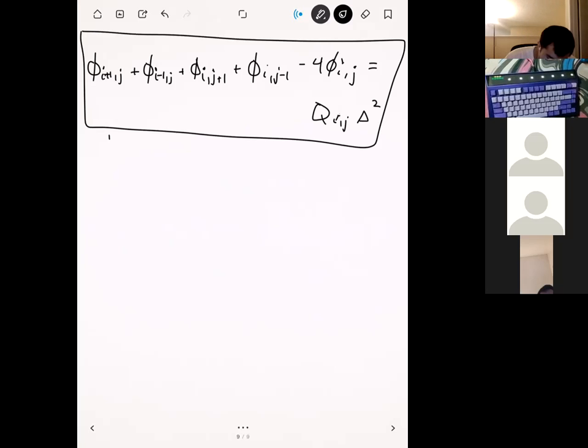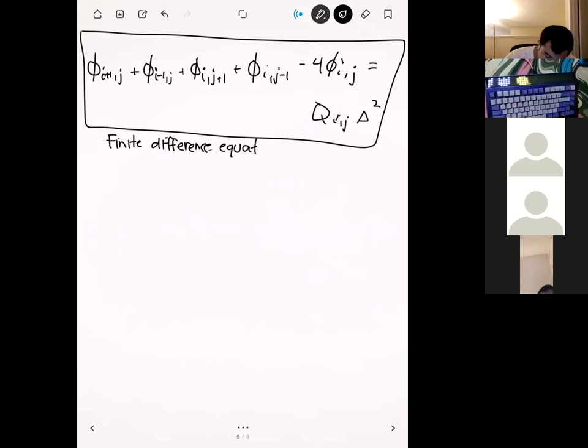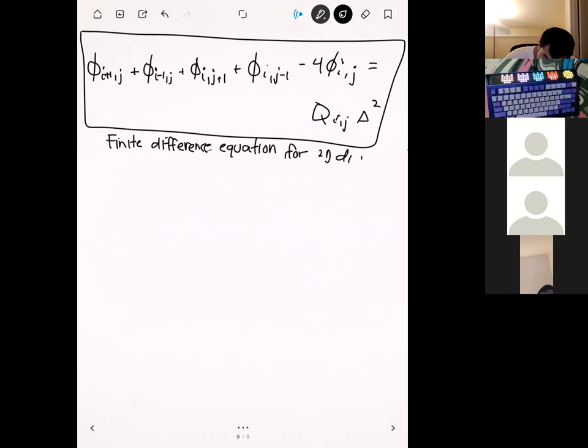And so this is our finite difference equation for 2D diffusion.